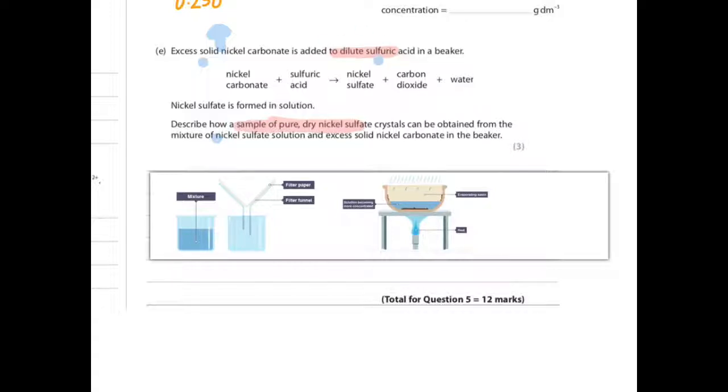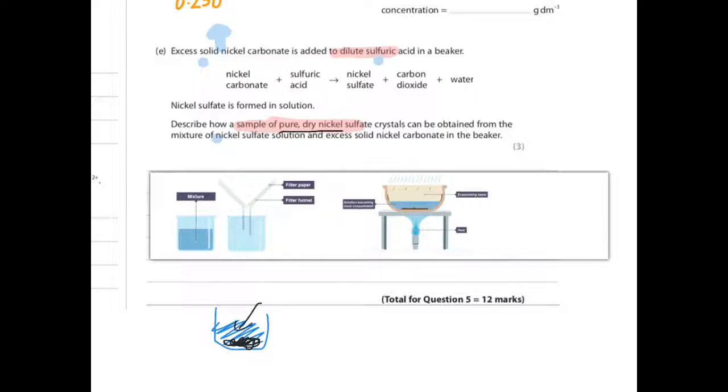The acid is the limiting reactant here. So what we've got here is a mixture of nickel sulfate solution and solid lumps of nickel carbonate, and you want to separate a solid from a liquid and then prepare a pure dry sample of this salt.